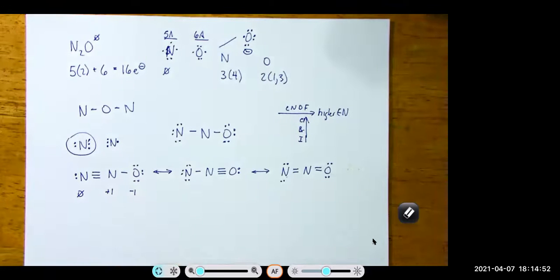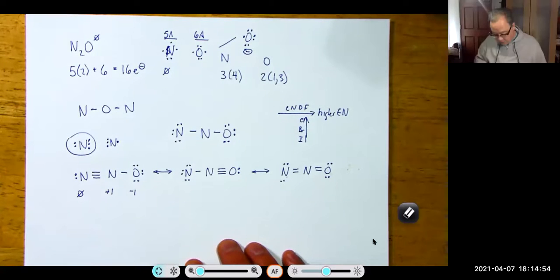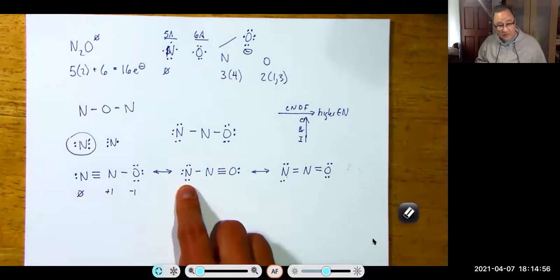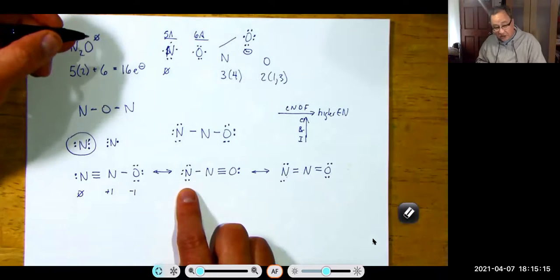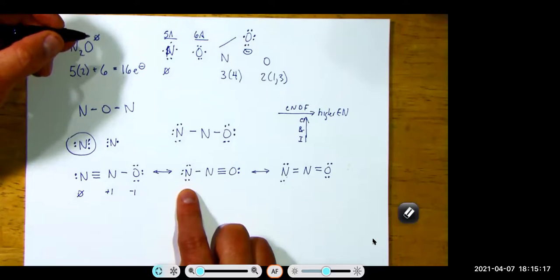Okay, so what's the formal charge on this nitrogen that I'm pointing at? It is 1, 2, 3, 4, 5, 6, 7, and it's supposed to be 5. So it's 2 extra electrons. That's right. So what does that do to the charge? -2.